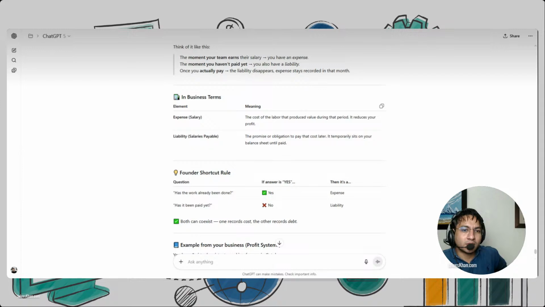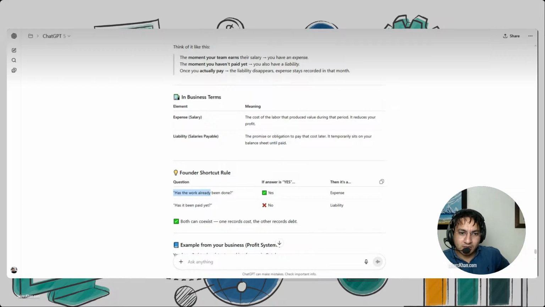I will clear this understanding. In business terms, salary expense is the cost of the labor that produced value during that period. It reduces your profit. Liability, salaries payable, is the obligation to pay that cost later. It temporarily sits on your balance sheet until paid.